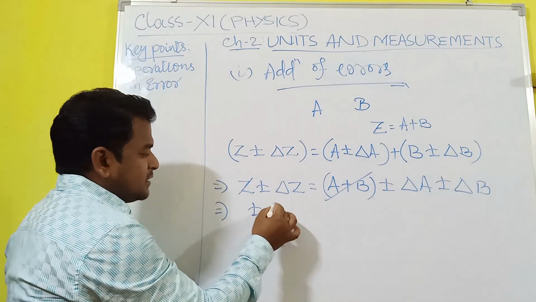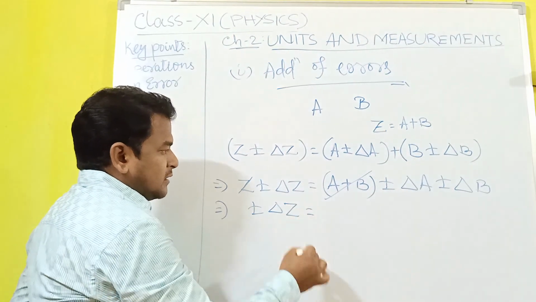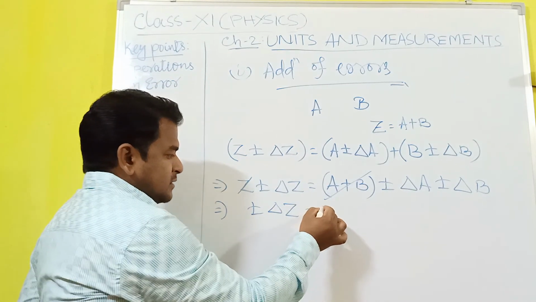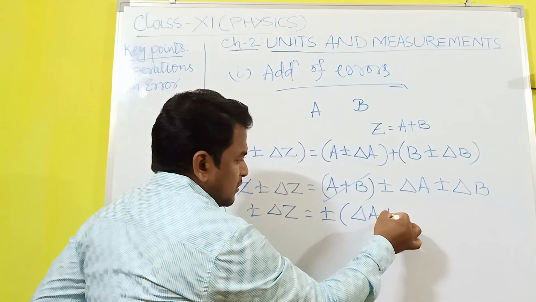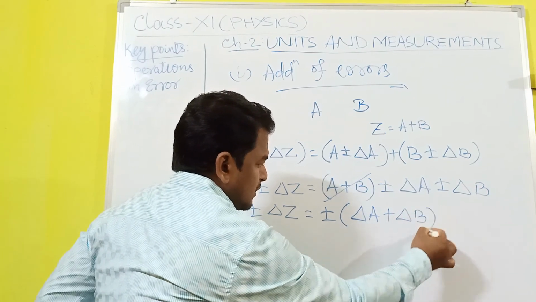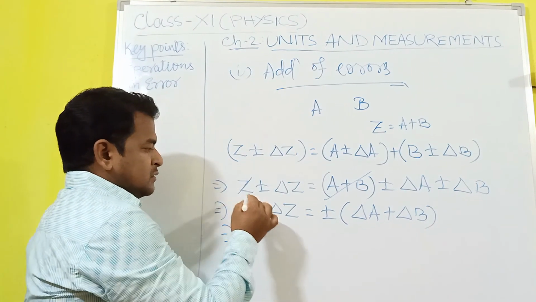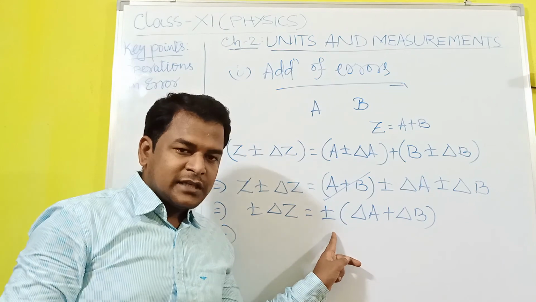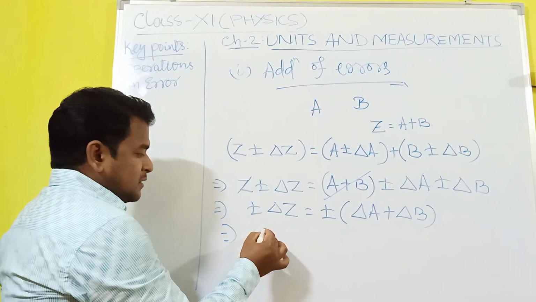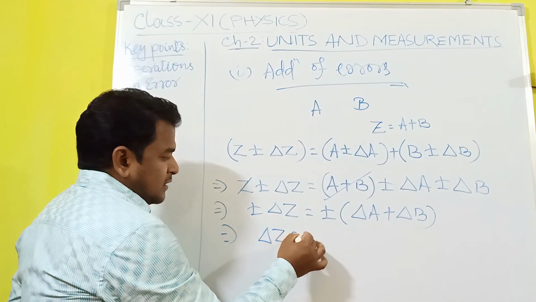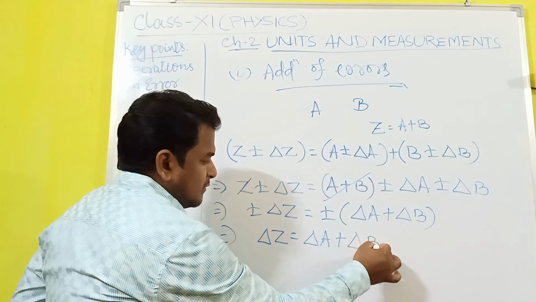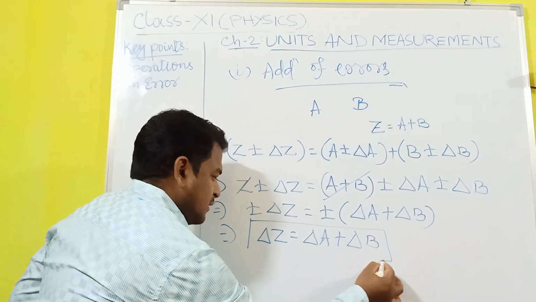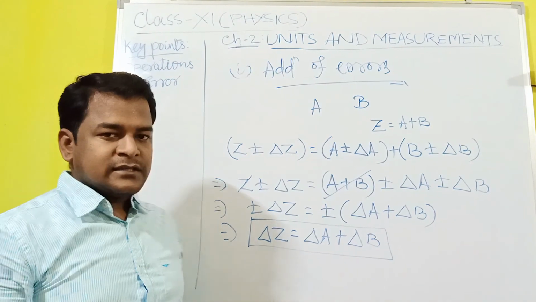So plus minus del Z equal to, taking common plus minus, how much left? Del A plus del B. So cancelling the plus minus on both sides, del Z equal to del A plus del B. This is the answer.